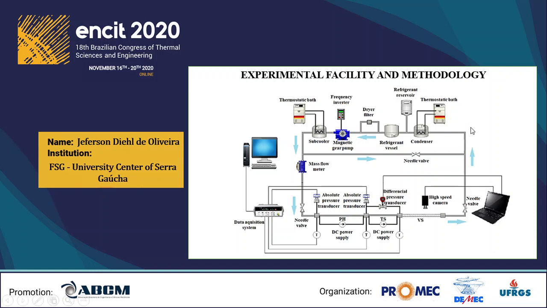And the main part of the loop has a preheater, a test section, and a visualization section. The preheater, in this case, established the experimental conditions entering in test section immediately downstream.